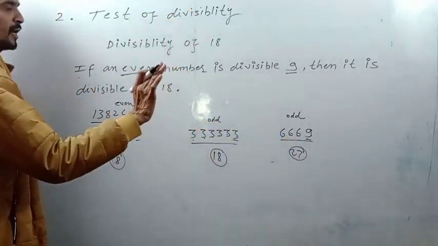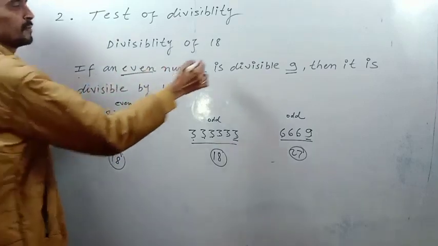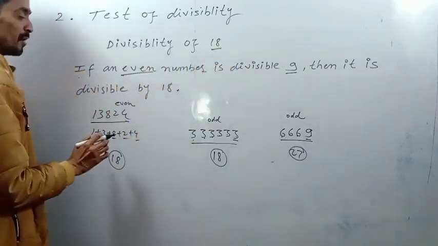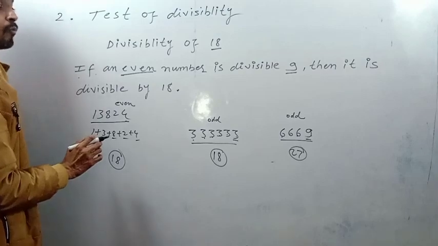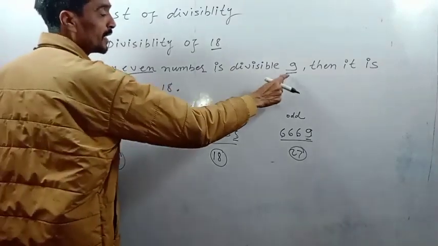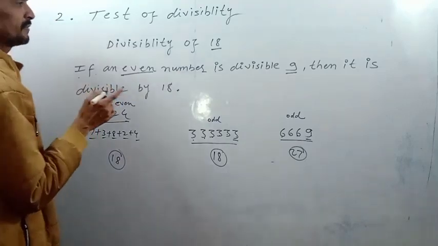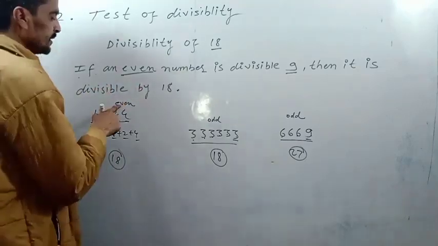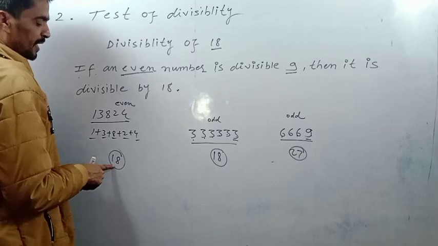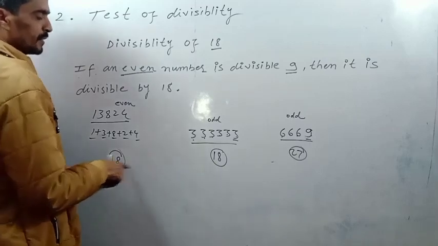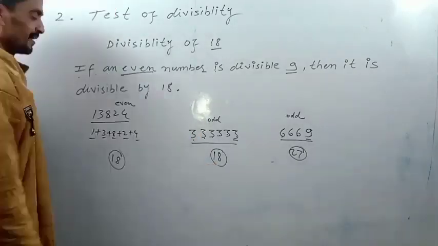What do we need to find out? We need to find out the divisibility of 18. That number is required to divide by 9. If an even number is divisible by 9, it is even and divisible by 9. If it is odd, it does not.